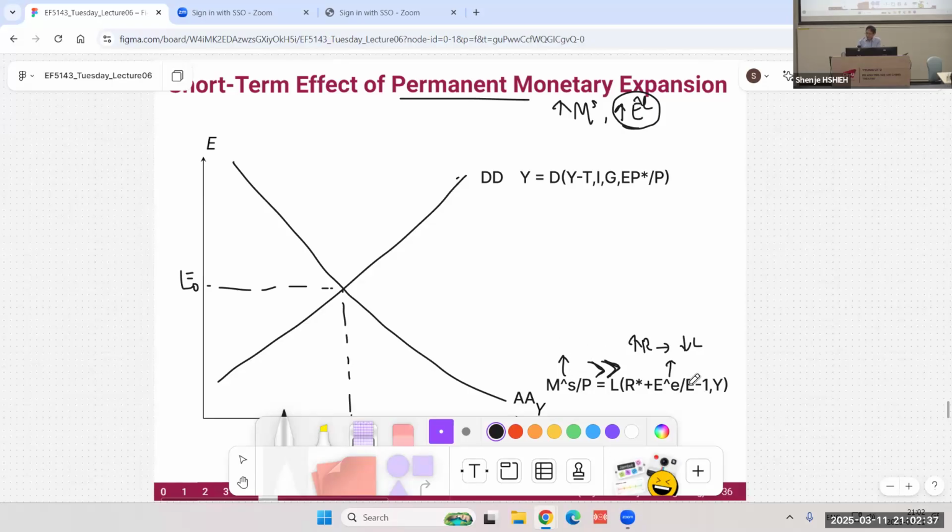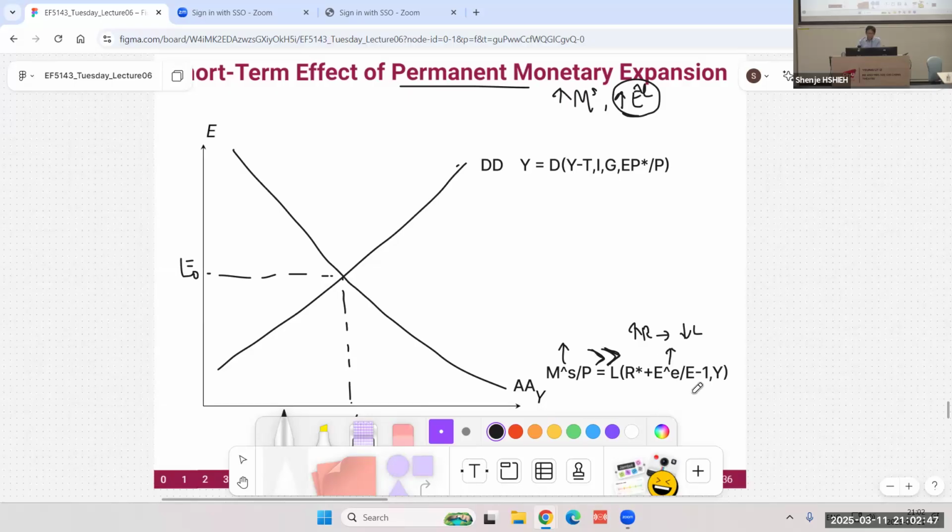Compared to the temporary case, E needs to move to address both of these effects in the short term, so there must be an amplified effect on E. E has to undo this, so E has to increase to cancel out this, as well as to cancel out this. I'm going to write two arrows here to indicate that it's going to be a super jump. Every point jumps up really high.